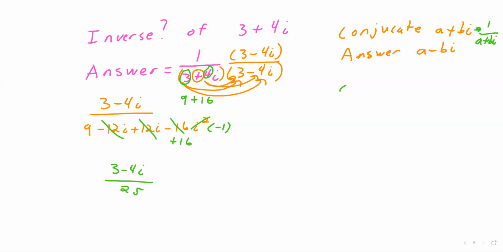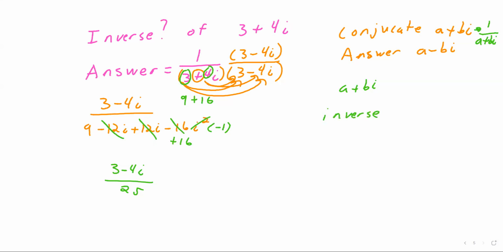If a plus bi is my start, its inverse will just be this guy with a changed sign on top. Not conjugate, inverse. Conjugate's what we did to multiply. Inverse.